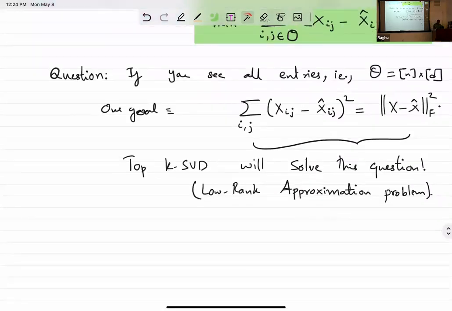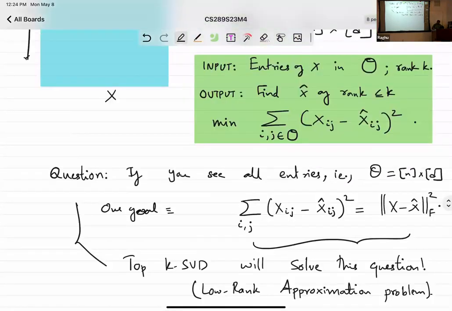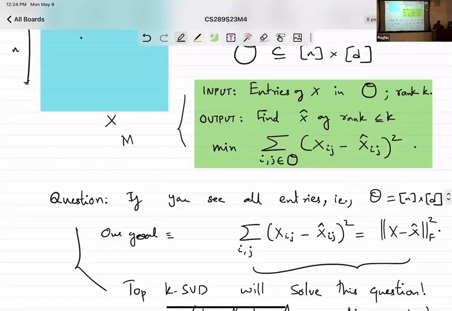So this is something we can solve pretty efficiently. We can compute SVD efficiently, and hence we can solve it fully, right? And let me call this the matrix completion problem. So you're given a matrix X and observed entries. You want to find the best low rank matrix which minimizes the error in the observed entries.